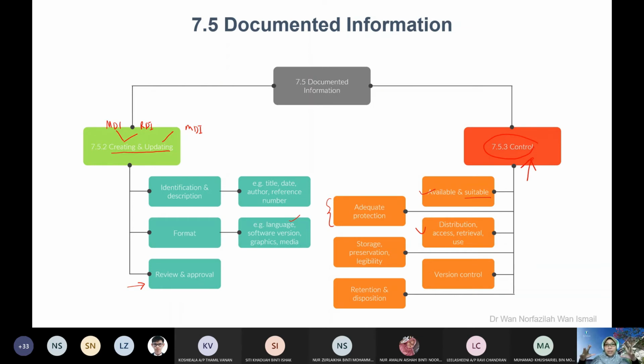Even though they work in the same company, that company has 4 different labs: water analysis lab, biological lab, material lab, and calibration lab. The calibration lab calibrates instruments. It cannot get the water analysis results. That is considered a conflict of interest. So you need to control who can distribute, how to distribute, who can access, who can use, and how to retrieve back.